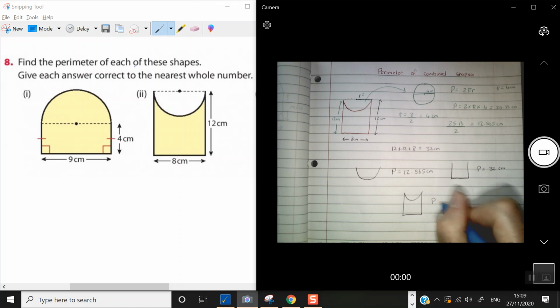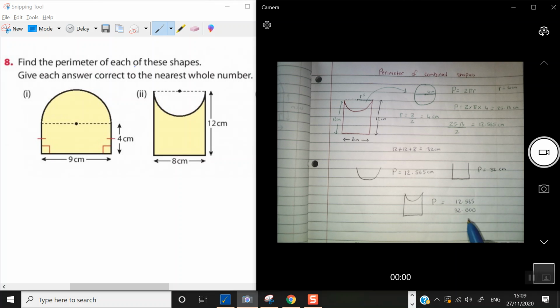So the perimeter is going to be equal to 12.565 plus 32.000. We can just write it like that and add these up. So that's 5, that's 6, and that's 5. Point. So 2 and 2 is 4, and 1 and 3 is 4.